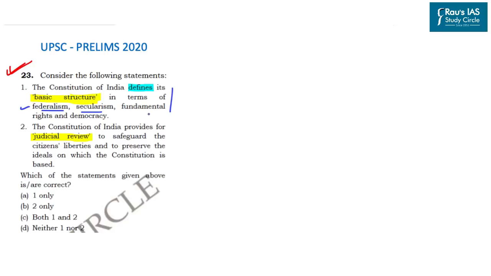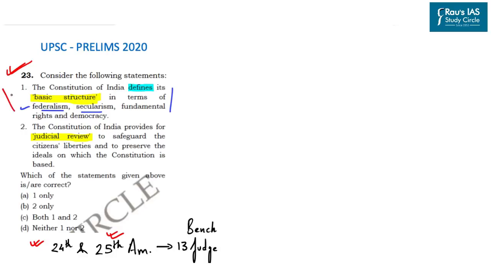Now at the very outset, we all know that the Constitution of India in itself does not define the term basic structure, but rather this term was used for the very first time in Kesavananda Bharati judgment, where the 24th and 25th amendments were challenged by a 13-judge bench. So at the very outset we can say that the first statement is incorrect as the constitution does not define basic structure.